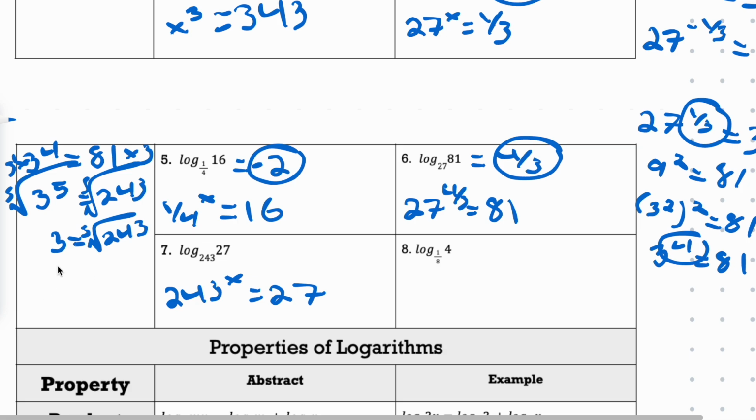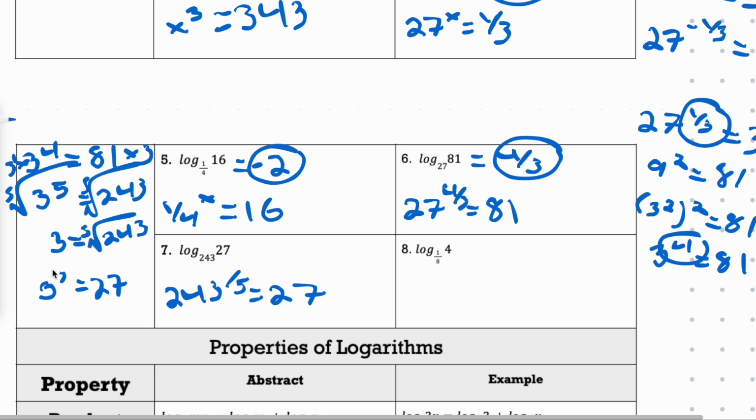Now, how do we build 3 back into 27? Well, 3 to the 3rd power is 27. So what I'm going to do here is write, when I think about this in my head, if I'm just doing this by myself, I would leave that space open and then put it over 5, because when we take the 5th root of something, that means that 5 is going to go in the denominator of our exponent.